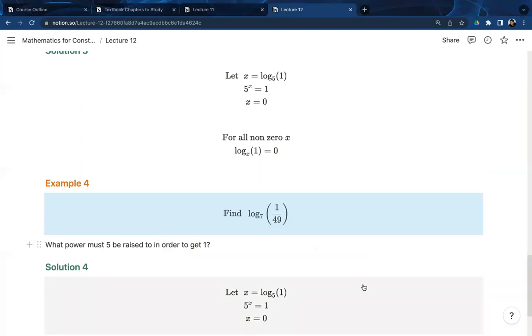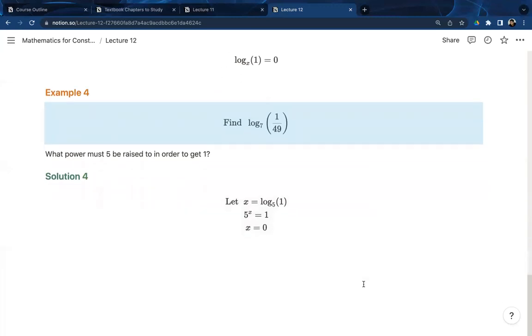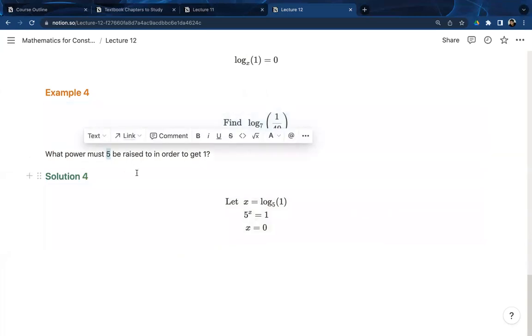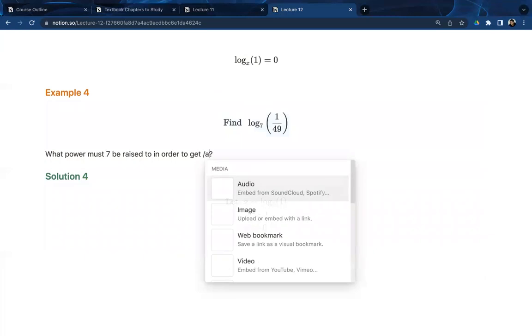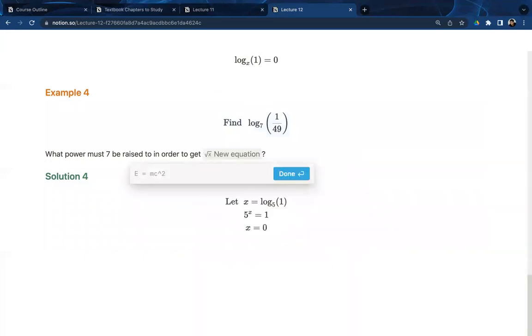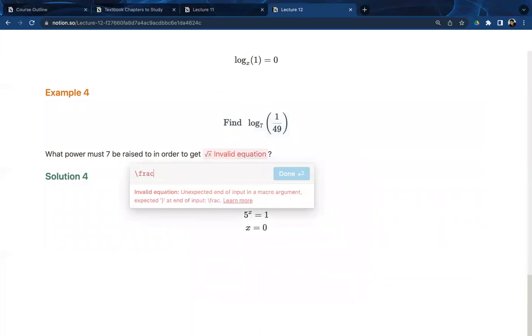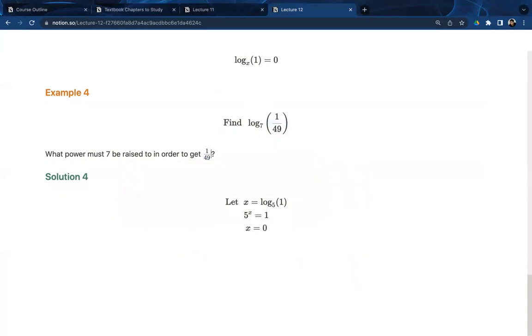This one might be a little tricky, but listen, 7 has to be raised to some power to get 1 over 49. What would that be? Anybody?